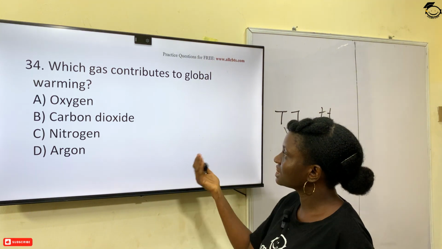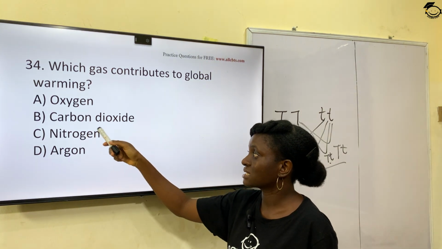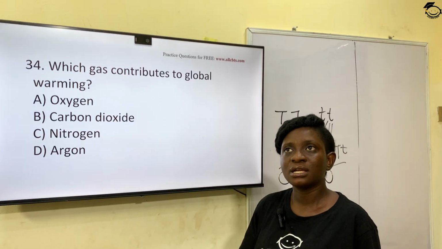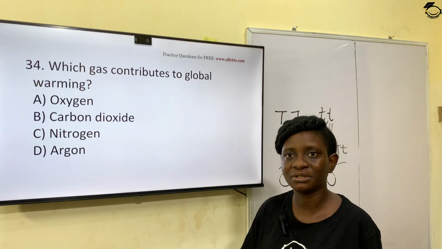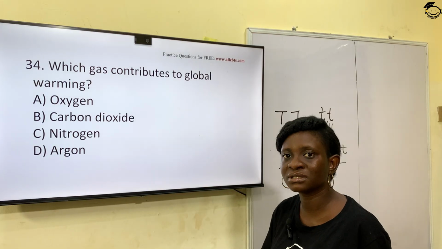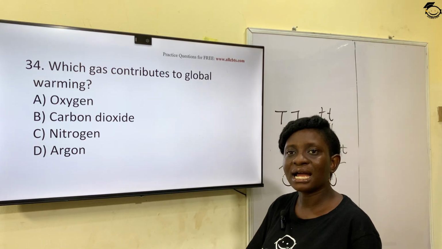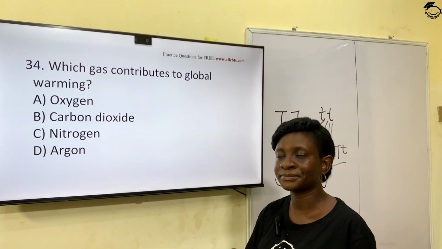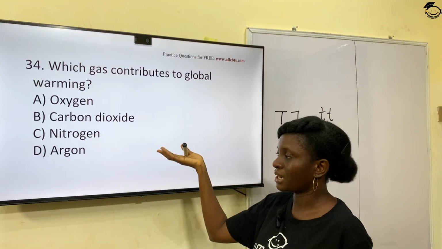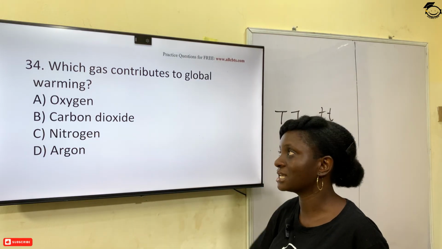So which gas can contribute to this effect? The correct answer is carbon dioxide. If there's too much burning of fossil fuels, it can lead to generation of a lot of CO2, and excessive CO2 in the atmosphere can cause global warming. So the correct answer is carbon dioxide.